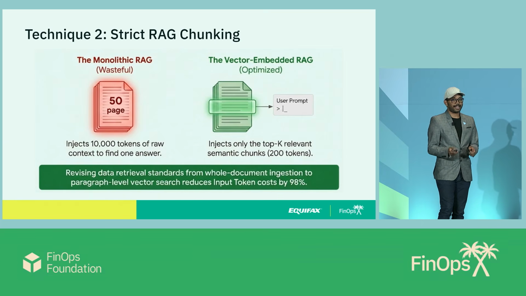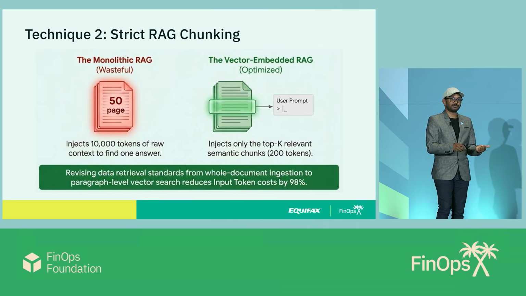And about strict RAG chunking. In this case, where we use vibe prompting, you should stop injecting the whole document. Instead, a paragraph-level vector search can reduce your cost by almost 98%, taking the top relevant semantic chunks. These are the core elements of the LLMs that were developed.